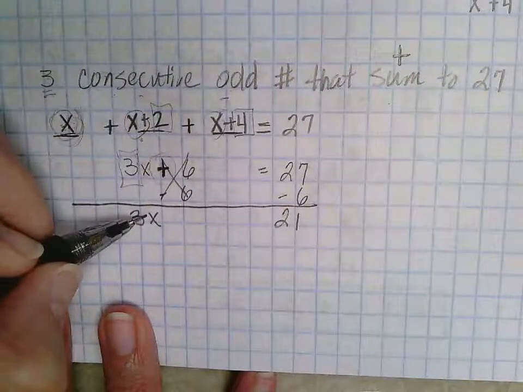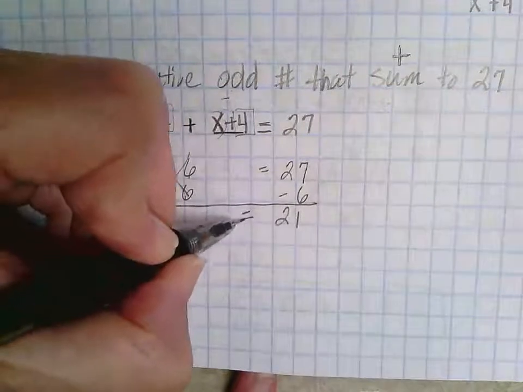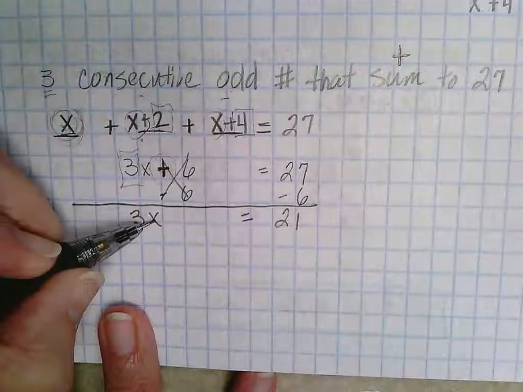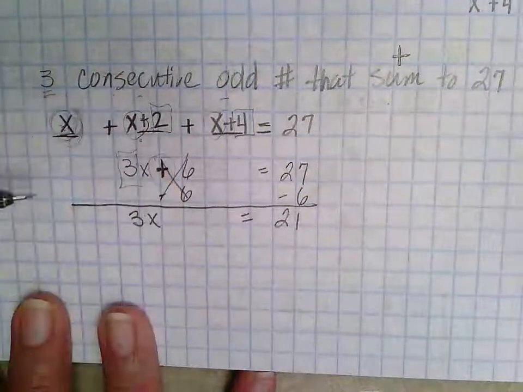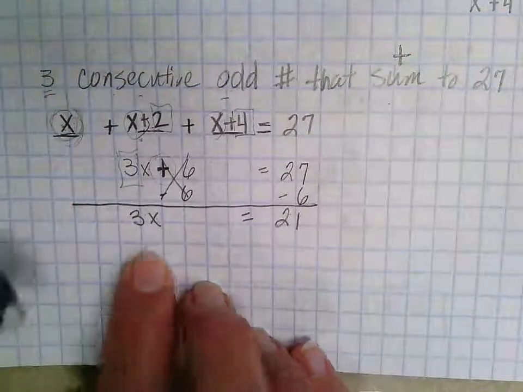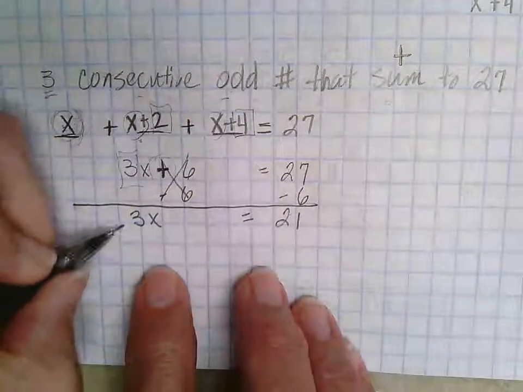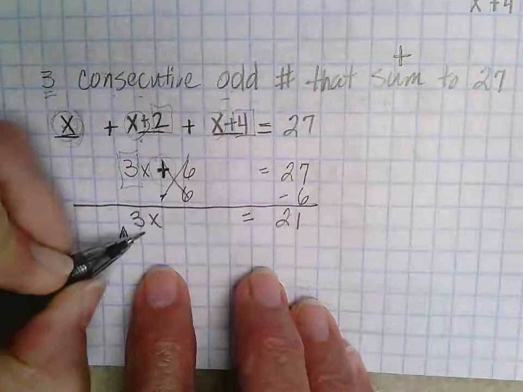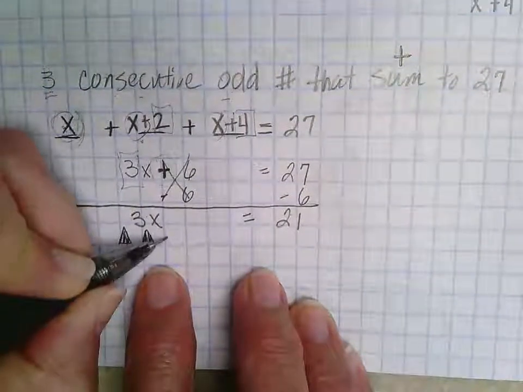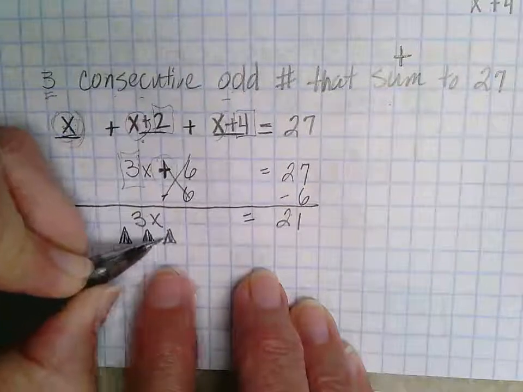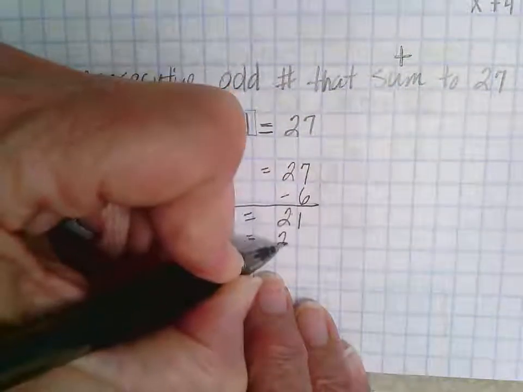So now I'm left with just x's on one side and numbers on the other. And if you remember from your hands-on algebra, this would be 3 blue pawns. So I've got 3 blue pawns on this side, and it is equal to 21.